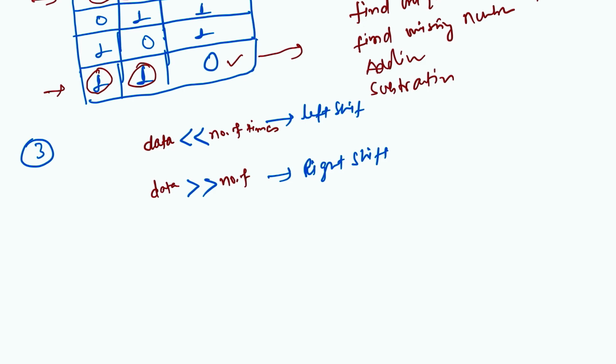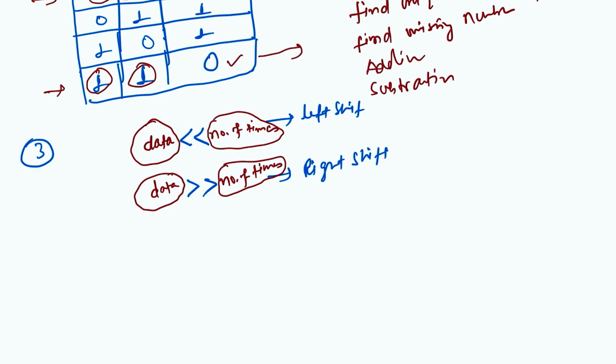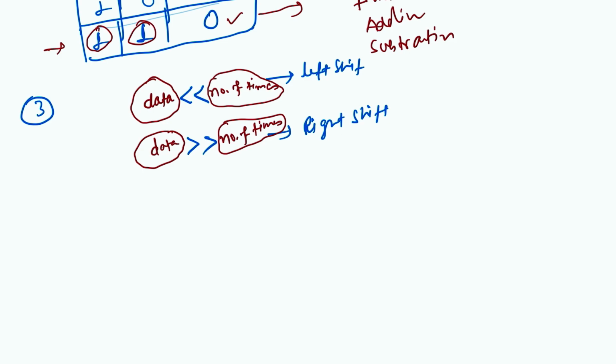The syntax will be the same in the case of left shift and right shift. There is no change in the syntax. What I mean is, suppose you want to shift the number 1 by 2 times.